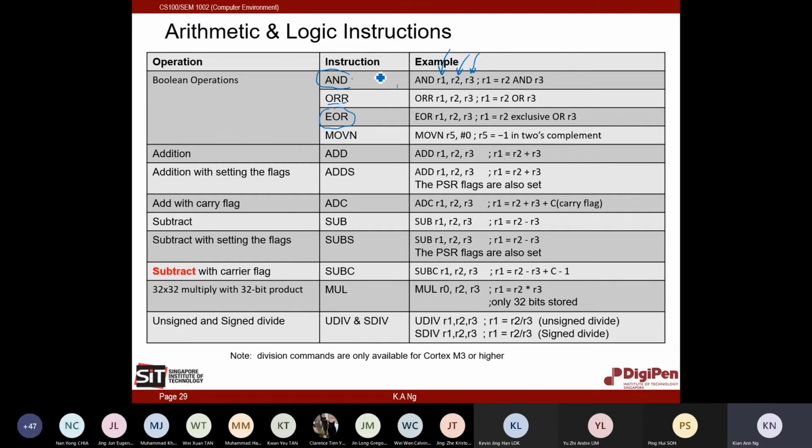You don't really have to memorize how this three-letter instruction has been formed. They are quite straightforward, except for the conditional commands. So yes, you need to memorize, but it's not that difficult. No is if the instruction is very rare. If it's very rare, then I'll give it to you in the exam.